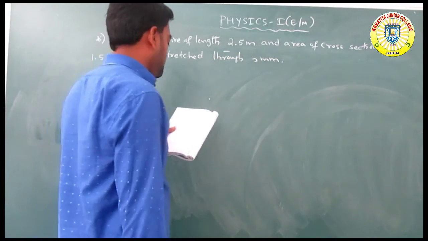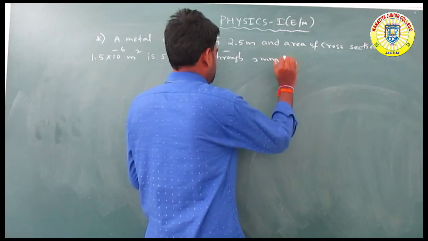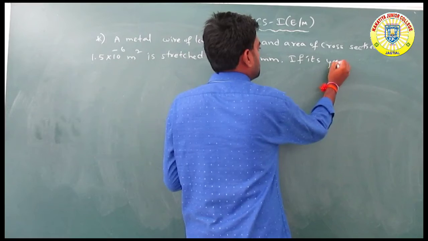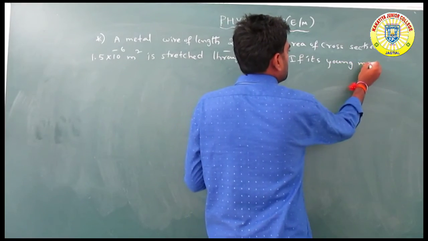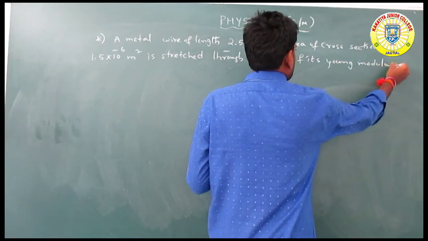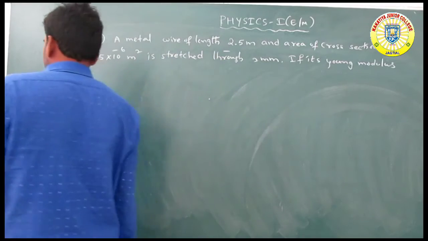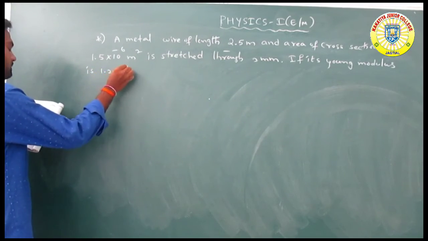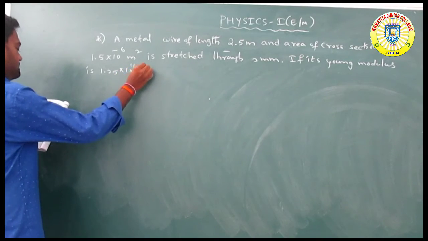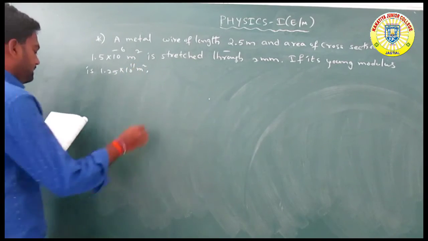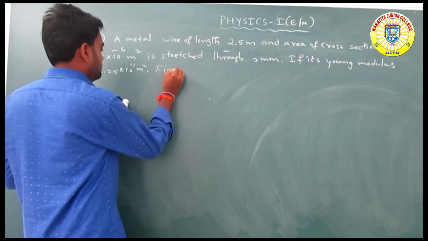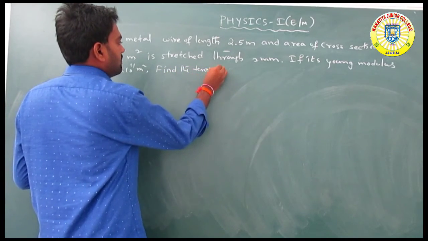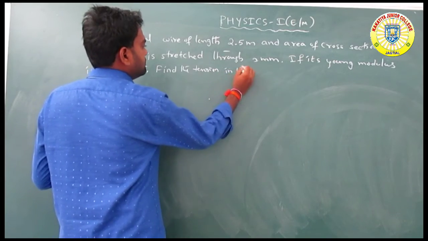If the Young modulus is 1.25 × 10^11, find the tension in the wire.